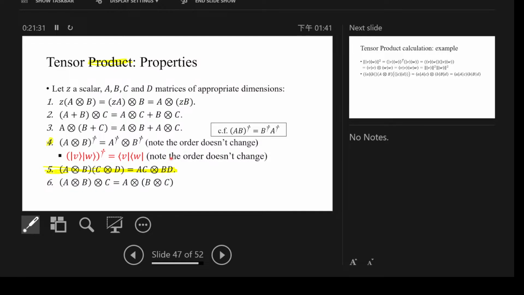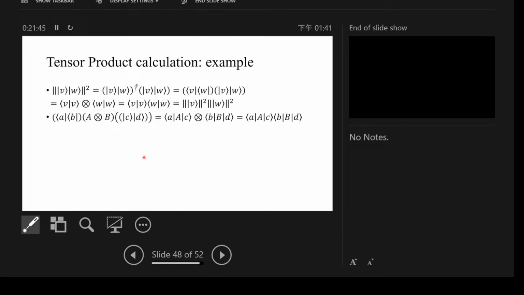Okay, and so this is kind of why (V⊗W)† is also equal to ⟨V|⟨W|. Let's go through it a little bit. If you have a whole bunch of things tensor multiplying together, so you have A bra tensor B bra multiplying with A tensor B, then multiplying with C tensor D, then all the first slots are calculated together and all the second slots are calculated together.